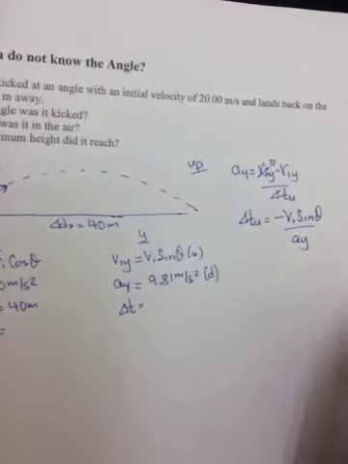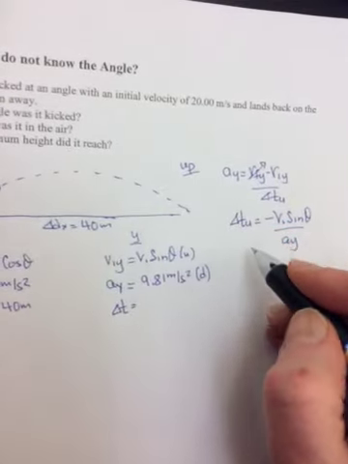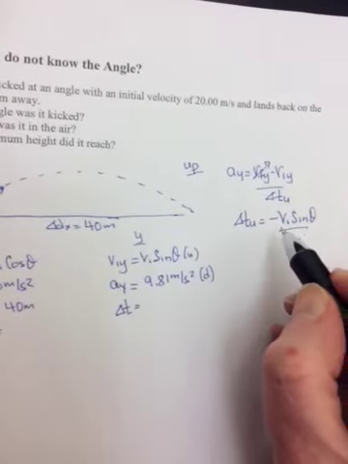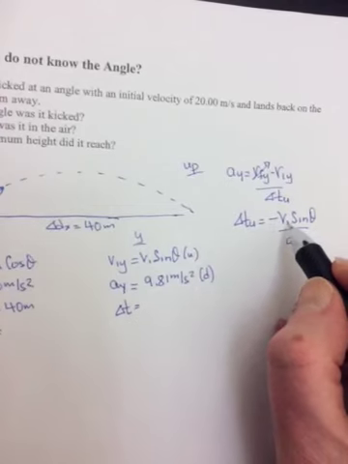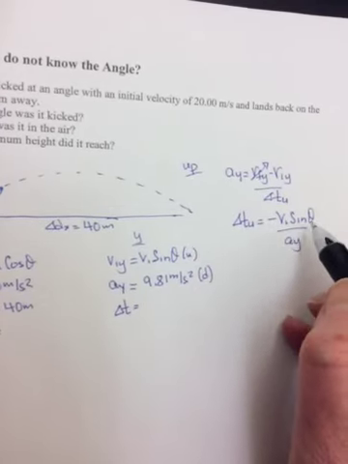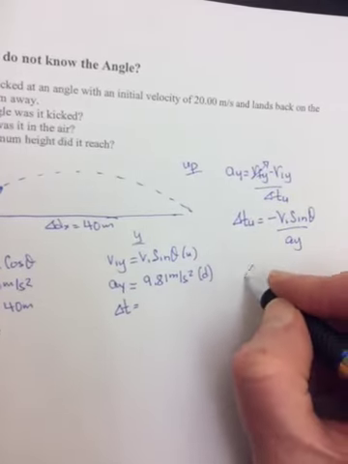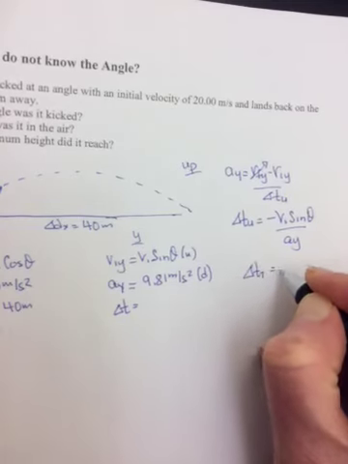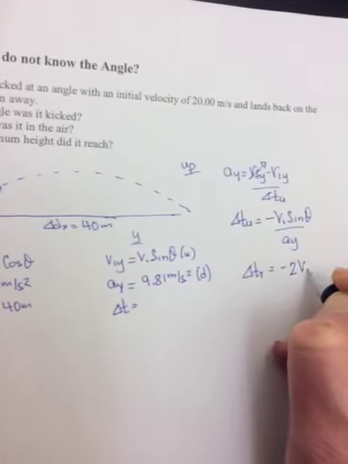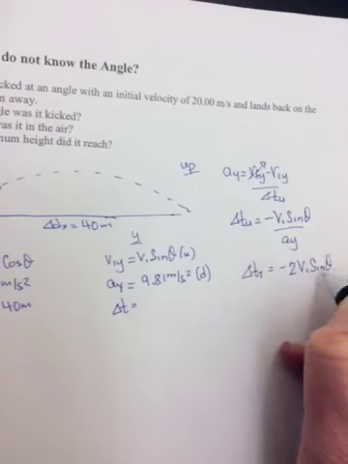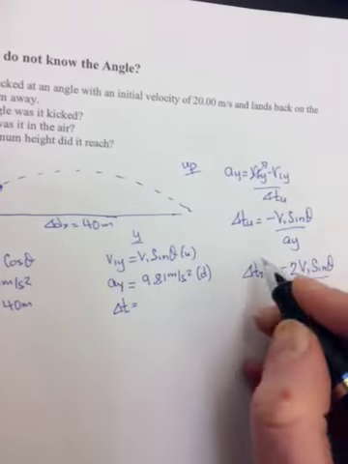The problem is that I can't actually get a number for this because I have two unknowns, a tu and a theta. I can double it to get my total time though, so then it will be negative 2 VI sine theta over AY. I still can't find it.